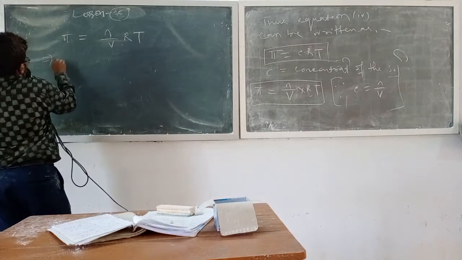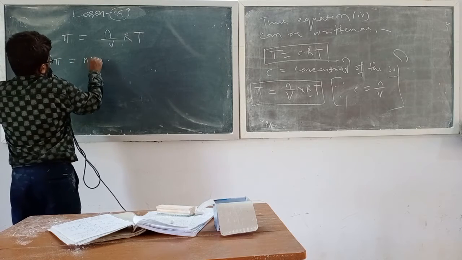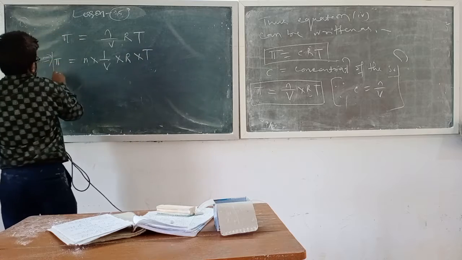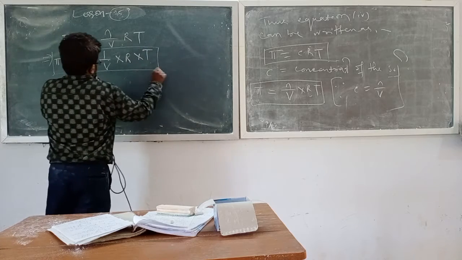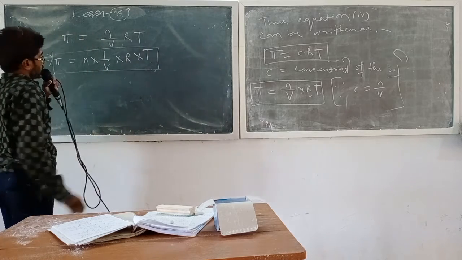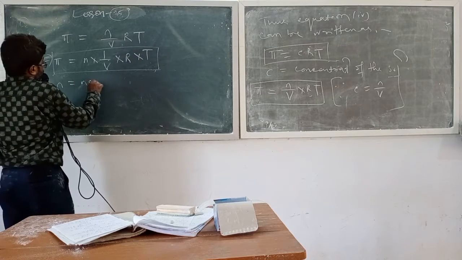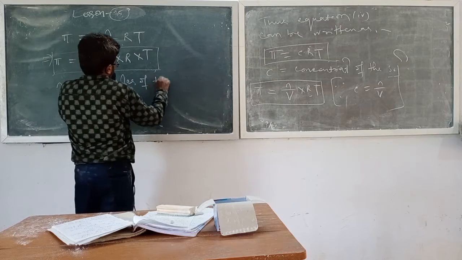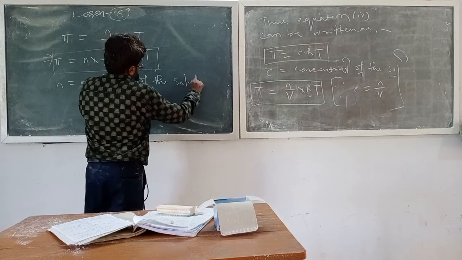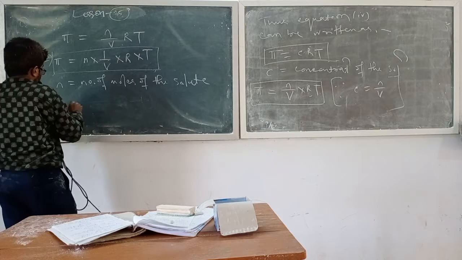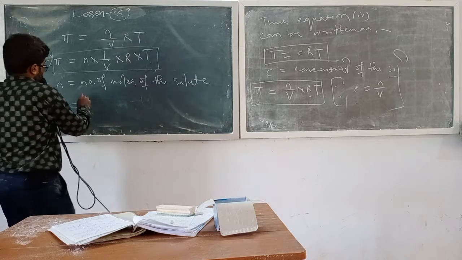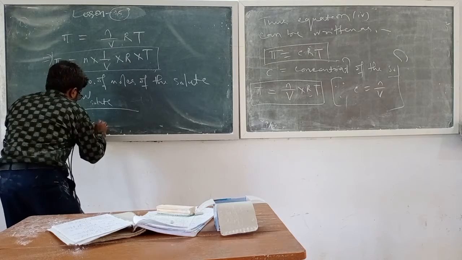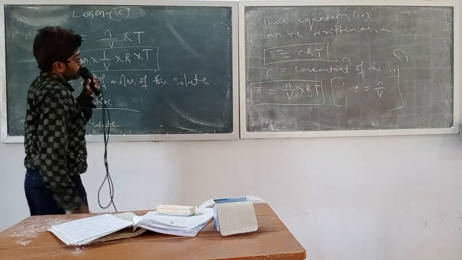That implies pi equal to N into 1 by V into R into T. Here N is the number of moles of the solute. So the number of moles N is W solute by M solute.